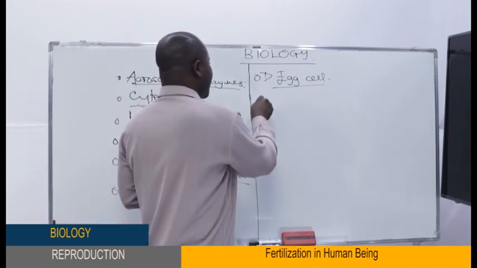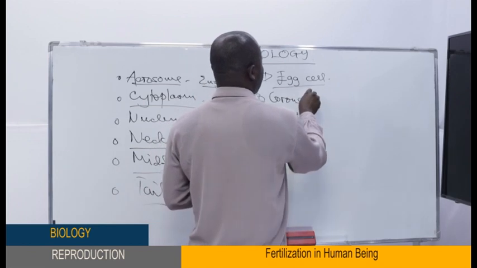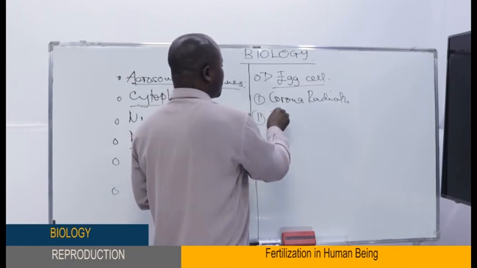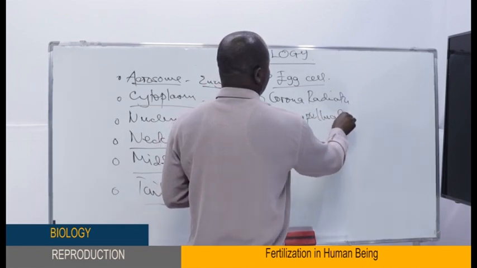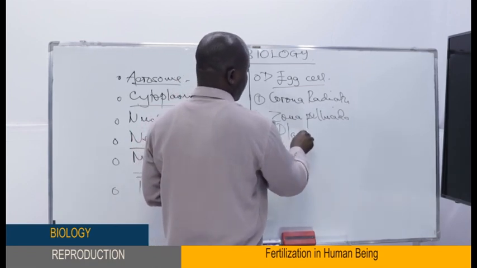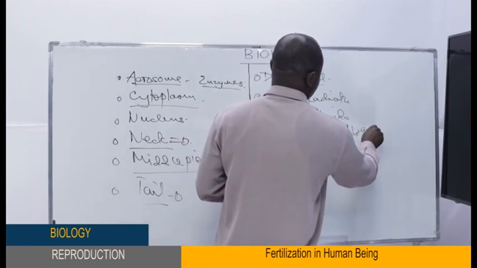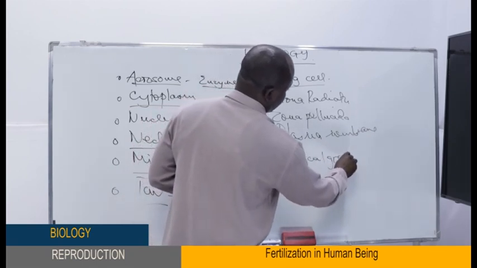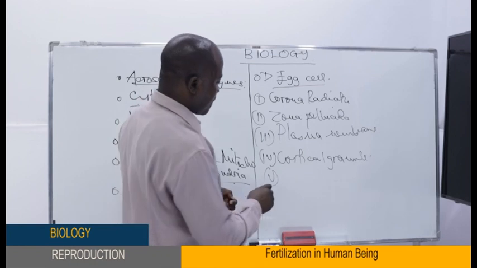The things to consider are the role of the corona radiata, the role of the zona pellucida, the role of the plasma membrane, the role of the cortical granules, but also the role of the nucleus.